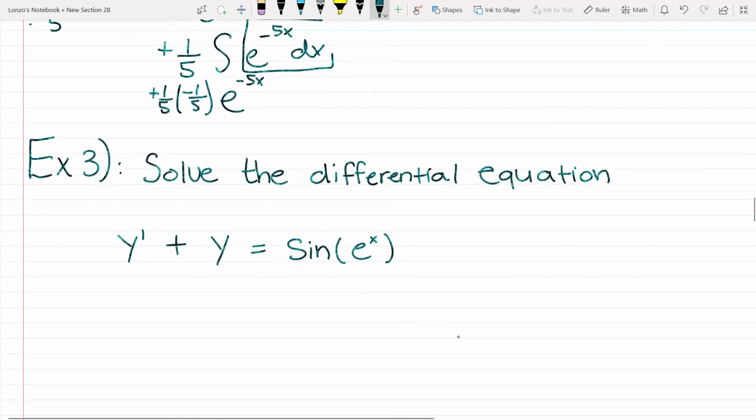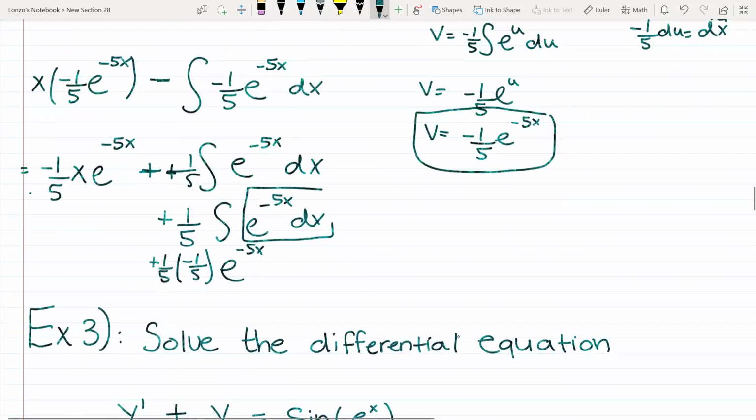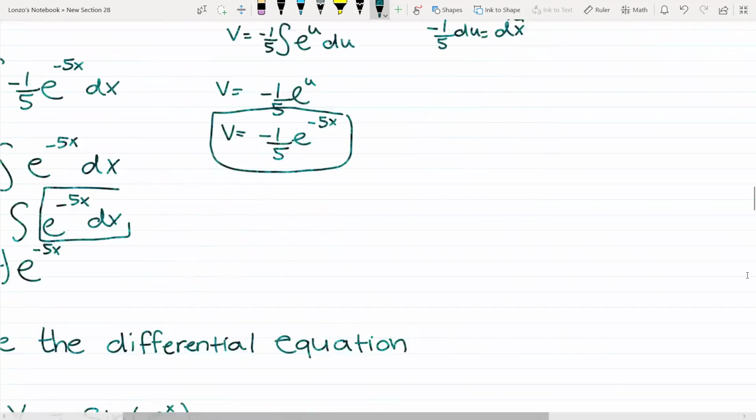Oh no, I'm running out of space. Okay, so I'm going to have to go sideways. Is that okay?